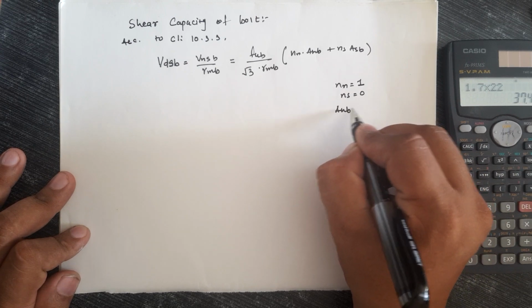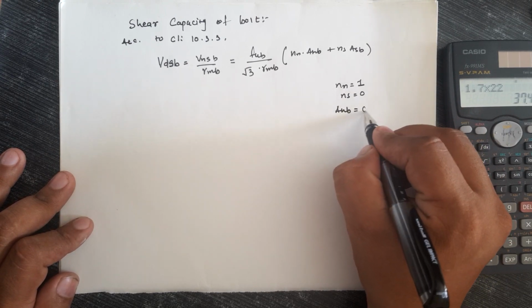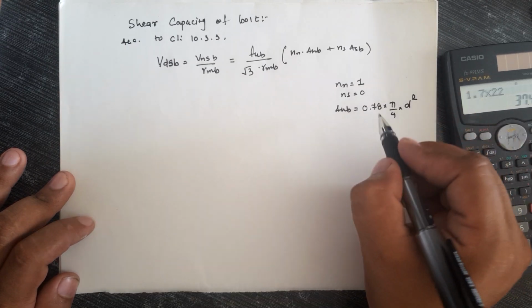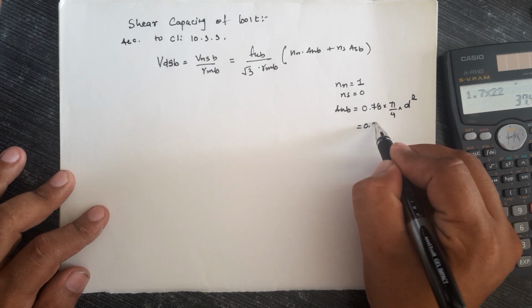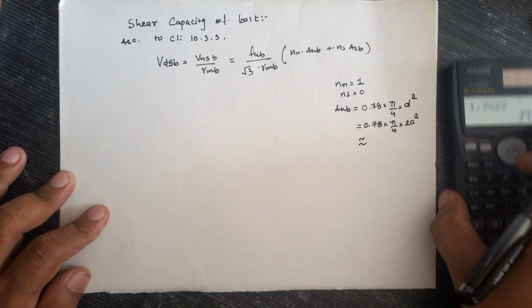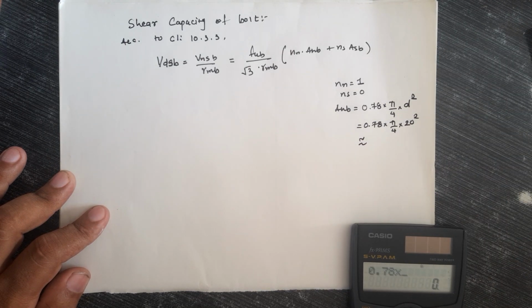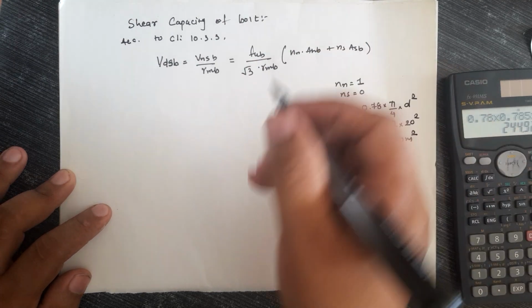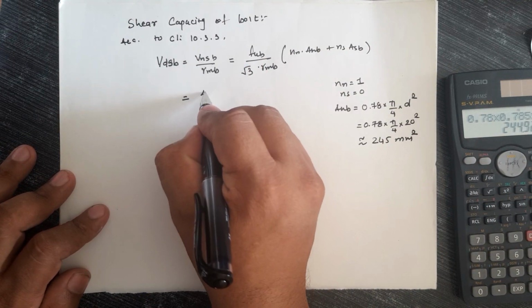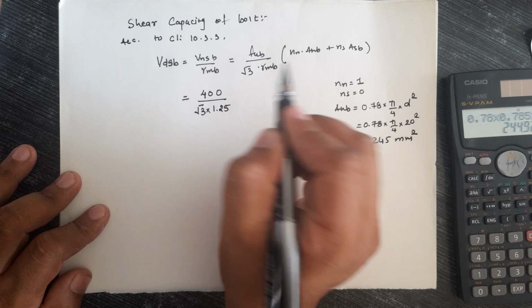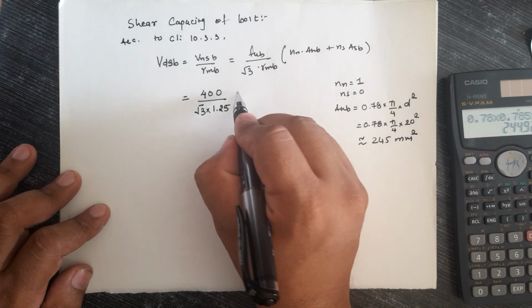Now we will have ANB, the area of the threaded part, which is equal to 0.78 pi by 4 into d square. This is also covered in the theory part. So 0.78 pi by 4 into 20 square is almost 245 mm square. Now putting all the values in the equation, we have 400 by root 3. Gamma MB is 1.25 from Table number 5, page number 30.